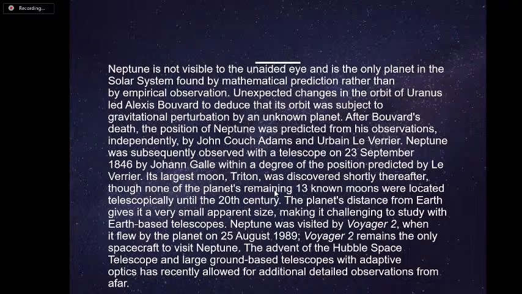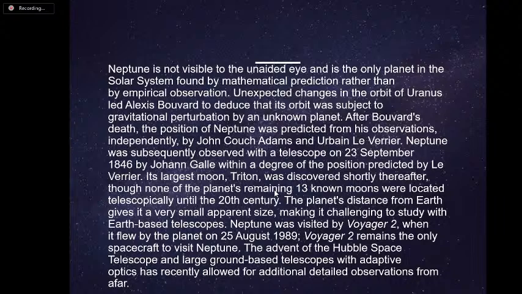Neptune was subsequently observed with a telescope on 23 September 1846 by Johann Galle within a degree of the position predicted by Le Verrier. Its largest moon, Triton, was discovered shortly thereafter, though none of the planet's remaining 13 known moons were located telescopically until the 20th century.